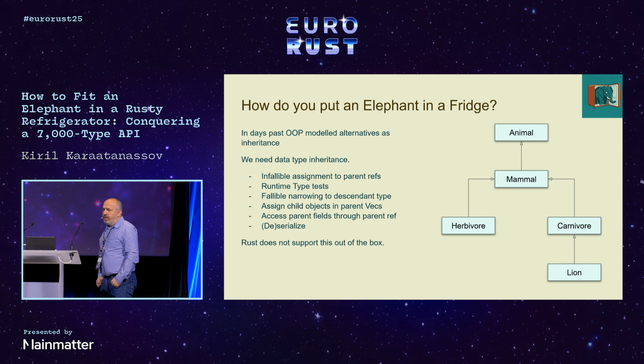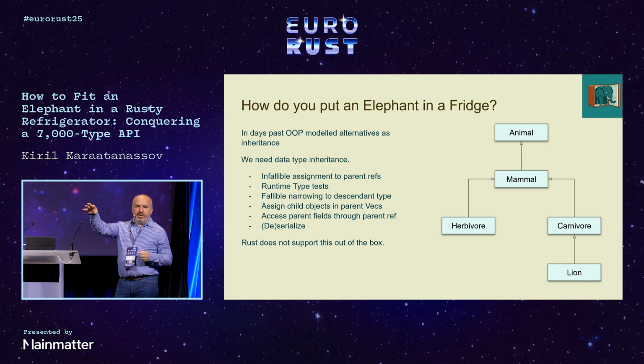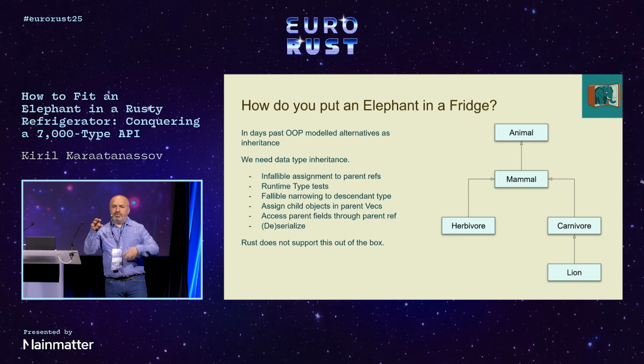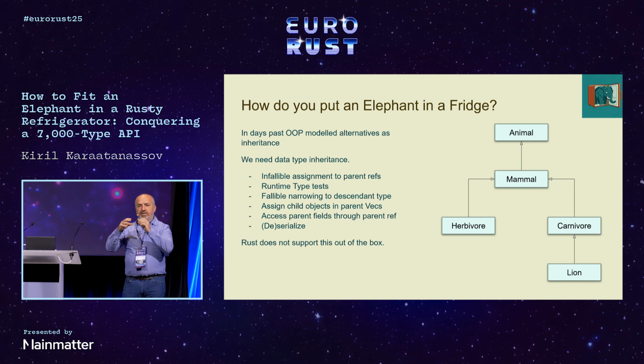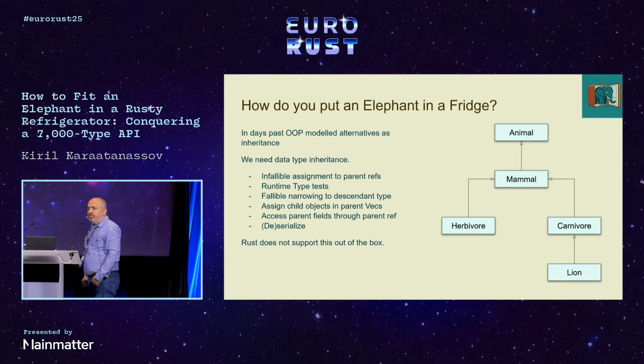And what we want to have is kind of infallible assignment. So say we have something specific like a lion, and we want to put it in a container for animals, okay? So we should have an infallible way to convert the lion to an animal reference and then put it in the container for animals. We should be able to test.